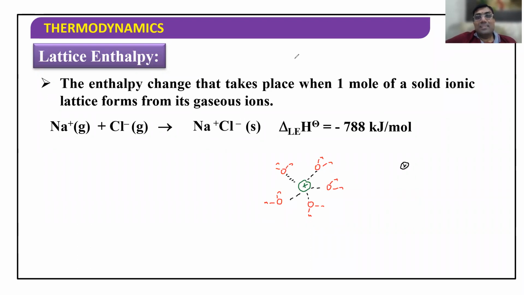In another way also you can write: what is a dipole, you know? So there is ion-dipole attraction. This is a water dipole, because it is like this: delta minus and delta plus. Agreed?